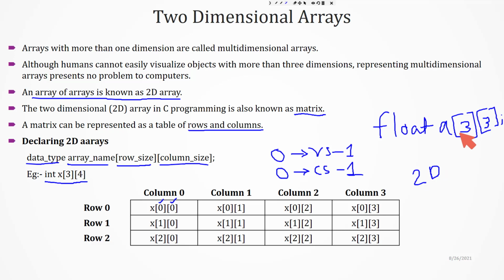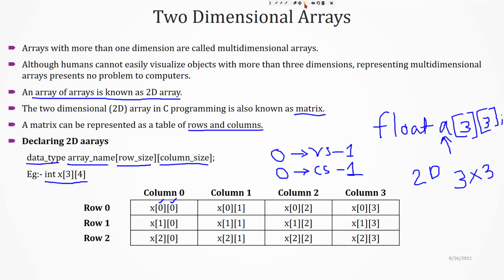The first box bracket contains 3, so the number of rows is 3. The second box bracket contains the number of columns, so it is also 3. So it is a 3 cross 3 table or a 3 cross 3 matrix. Then a is the name of that matrix or array, and float means each cell can store a floating point number. So the total number of cells is 3 into 3, 9 cells.